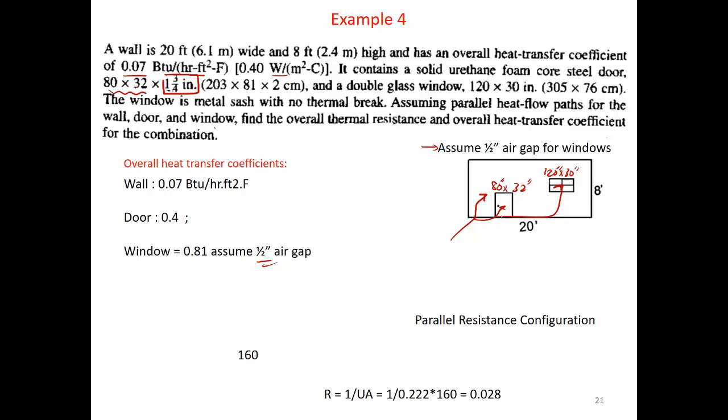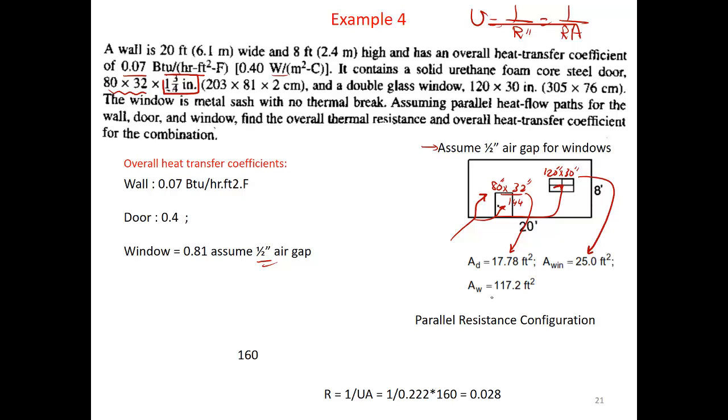Let's find the resistances. What's the relation between U and R? U is 1 over R double prime, or R double prime is 1 over U, which is 1 over RA. So for the door, it's 80 times 32, and then we divide that by 144 to get the area, the same for the window.